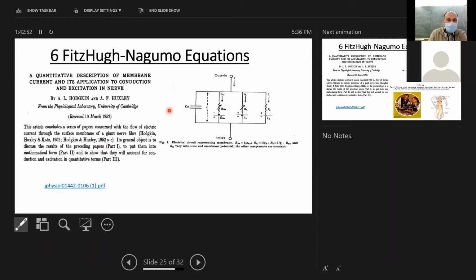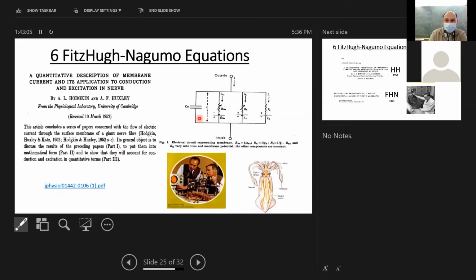So those are Hodgkin-Huxley. All right. Those are Hodgkin-Huxley. So Hodgkin-Huxley is 52. They wrote their article for which they were awarded with the Nobel Prize in 1952.